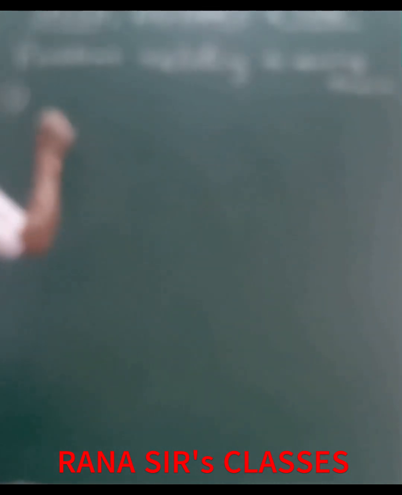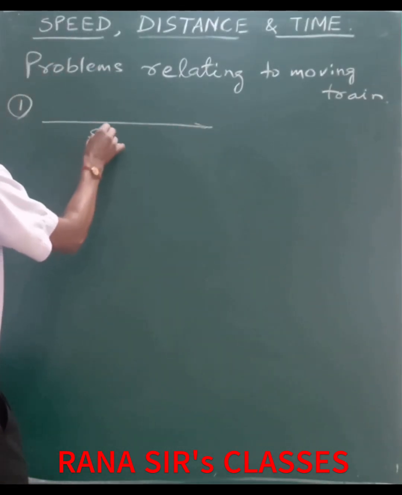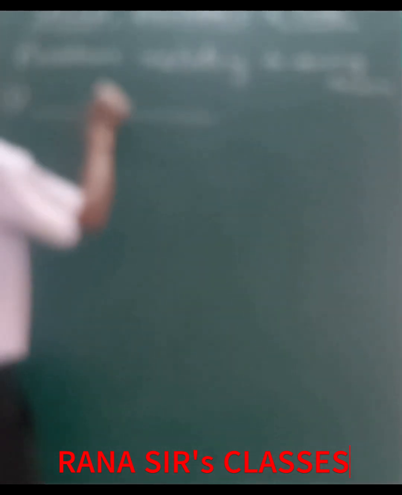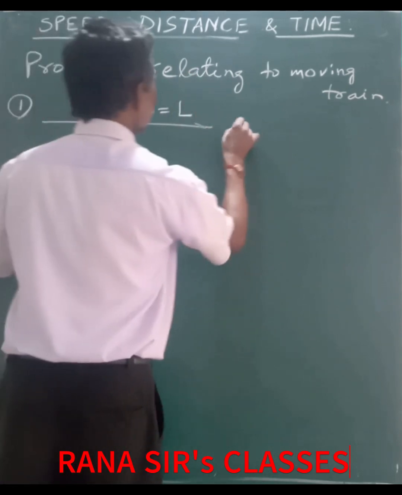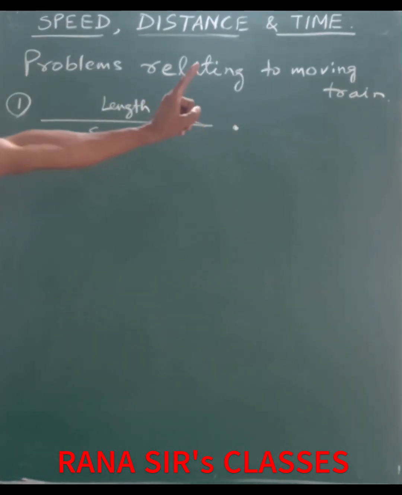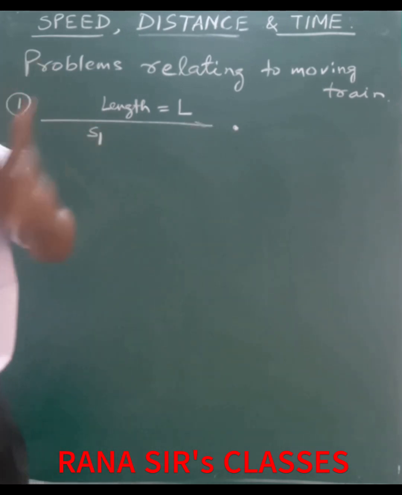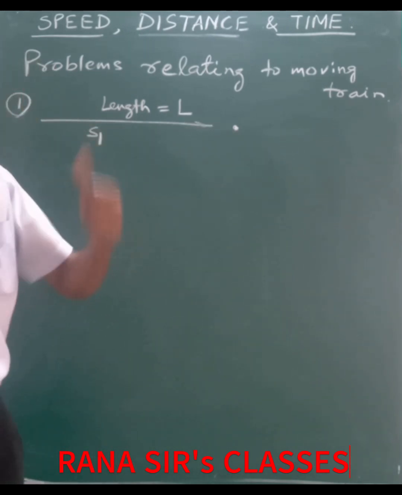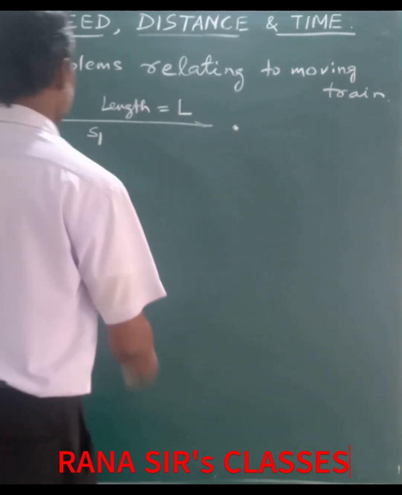Formula 1. Suppose the train is moving in this way, speed is equal to s1 and length L. Suppose here is a very small object, size negligible. Small object means a man standing there, or a tree, or an electric pole, like this.